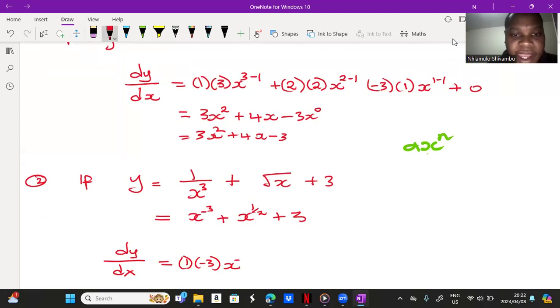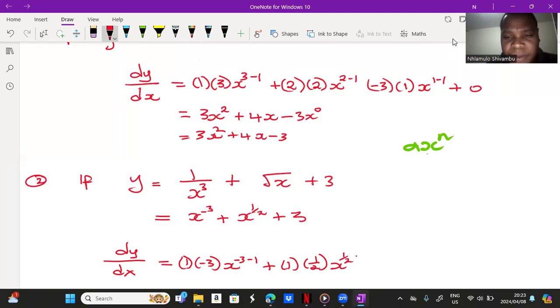So this is going to be negative 3 minus a 1. Then we go to the second term plus the exponent there is 1 over 2 and the coefficient is 1. So this is going to be 1 times 1 over 2, which is the exponent. And then we also subtract 1 from the exponent.